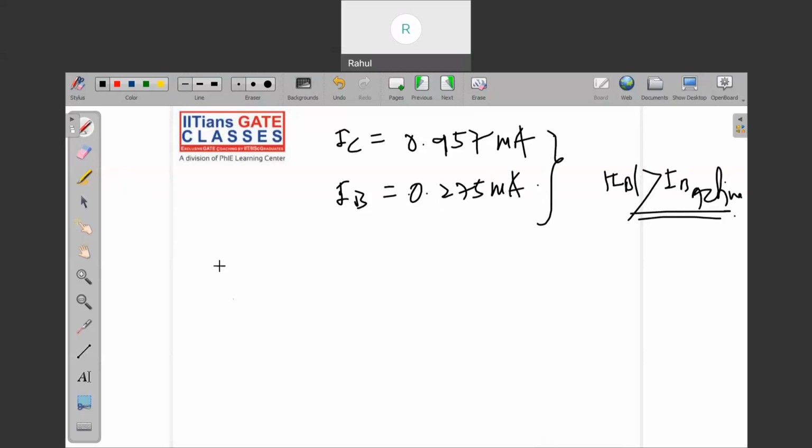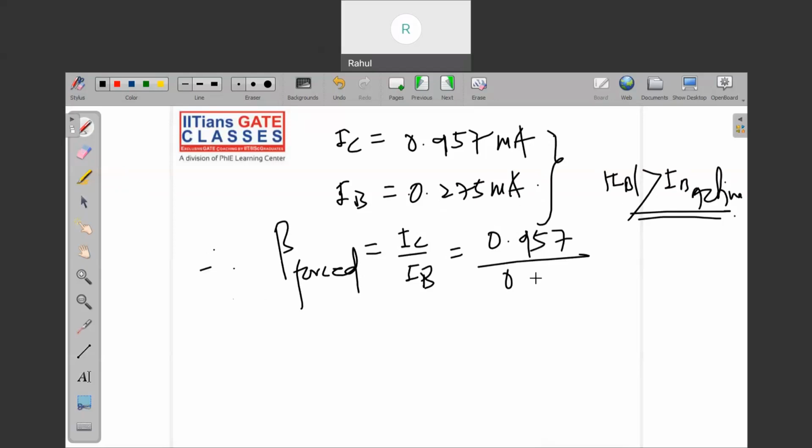Now you can compute beta forced, which is IC upon IB, that is 0.957 upon 0.275, the milliampere gets cancelled. So your IC upon IB will be 3.473, which is really less than the beta active, because beta active is given as 100.